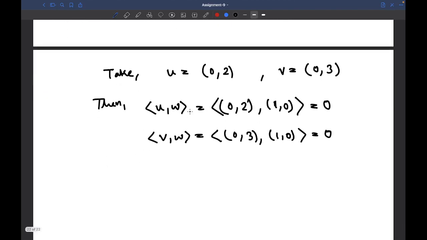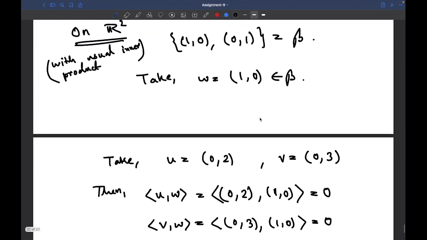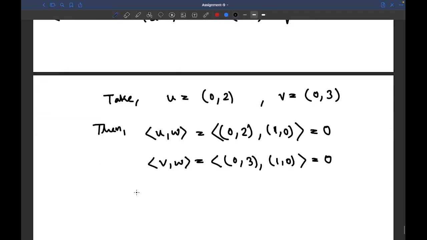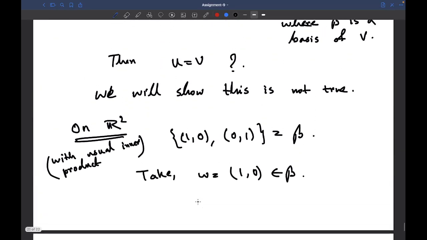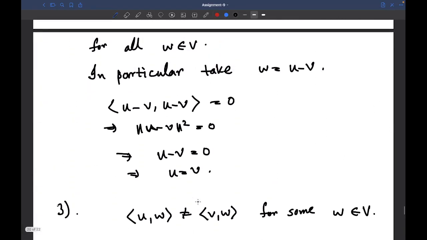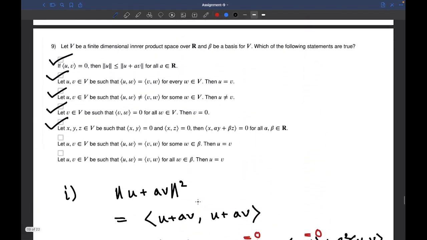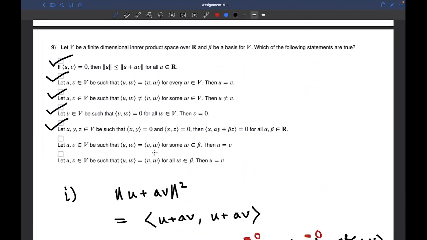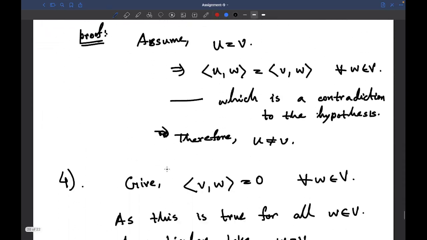So this is true. This is 0 for W in the basis, but U is not equal to V. So therefore option number 6 is not correct. You have shown that <U,W> equals <V,W>, but U is not equal to V.